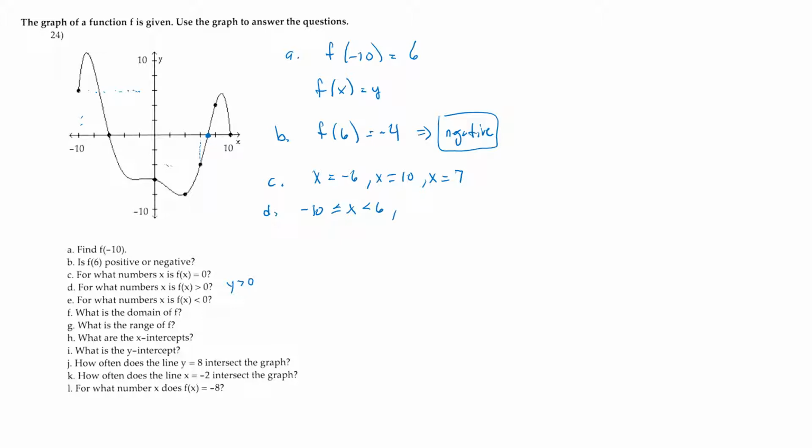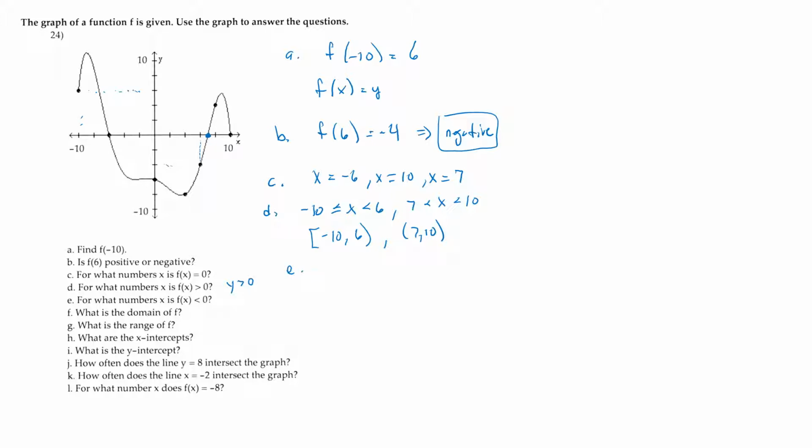And if x is between 7 and positive 10, the y coordinates are greater than 0. So we can answer an inequality like that. Alternatively, it would be okay if we put negative 10 to negative 6 using interval notation and 7 to 10. I have to put a bracket on the negative 10 because at negative 10 the y coordinate is positive.